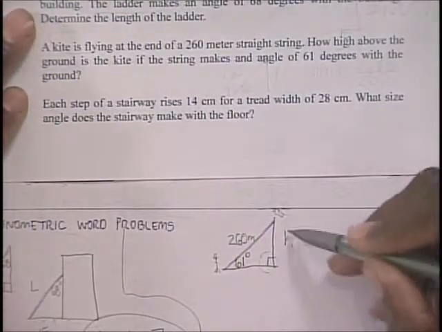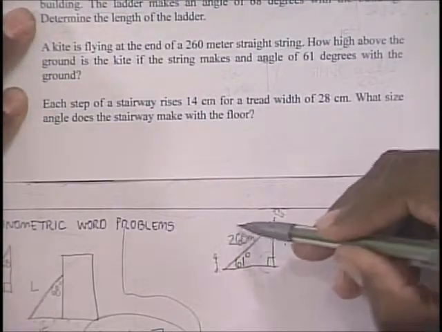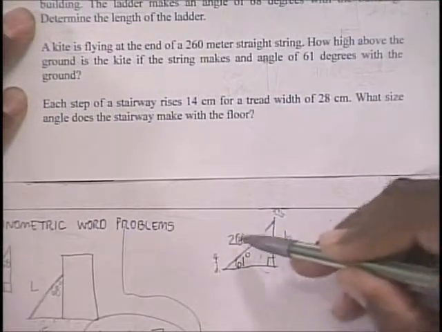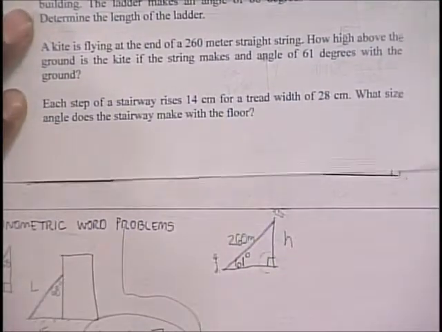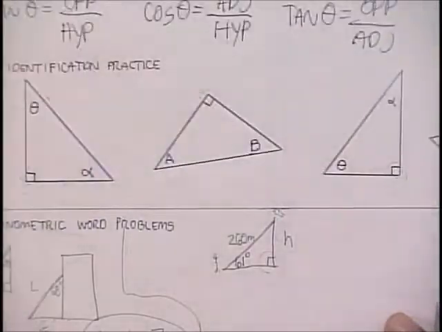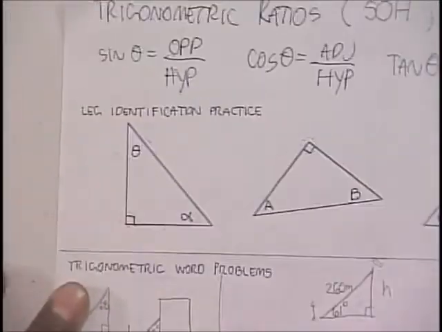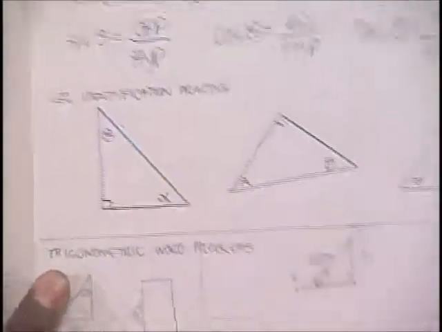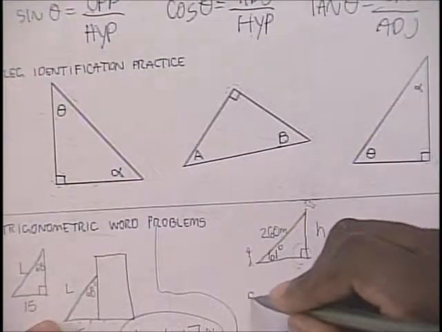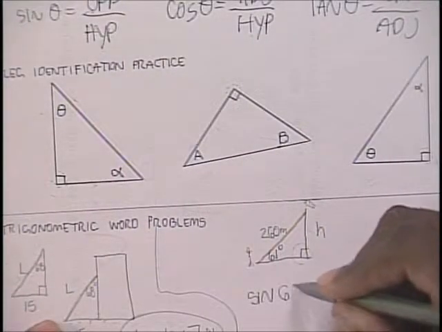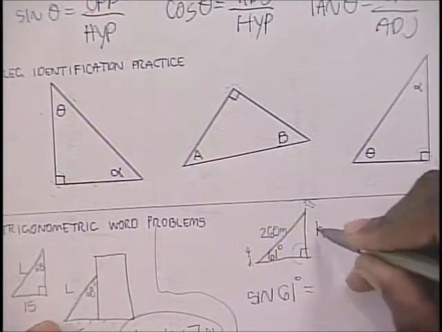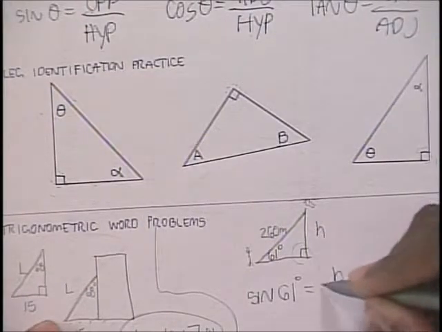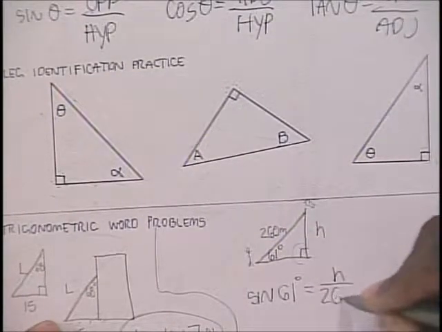So this is the opposite of this angle, and this is the hypotenuse. When you're working with a hypotenuse side and an opposite side, you're working with the sine function again. So you have the sine of 61 degrees is equal to the opposite, which is h, over the hypotenuse, which is 260.